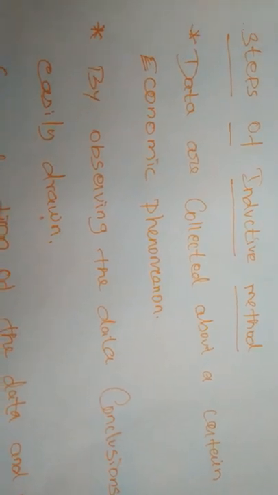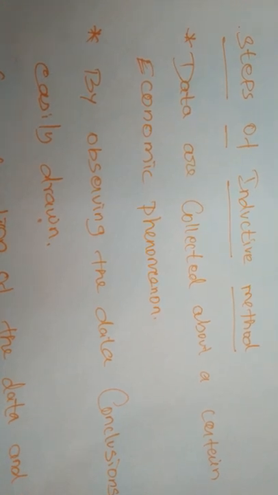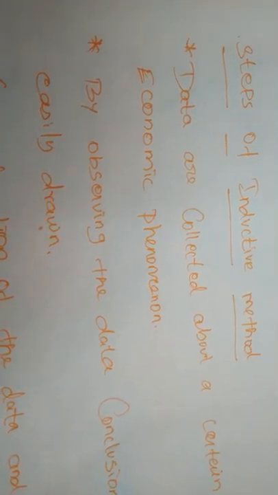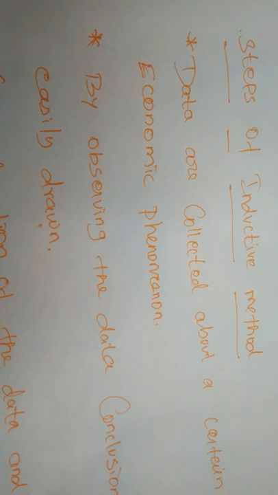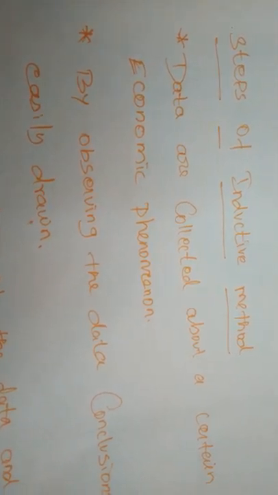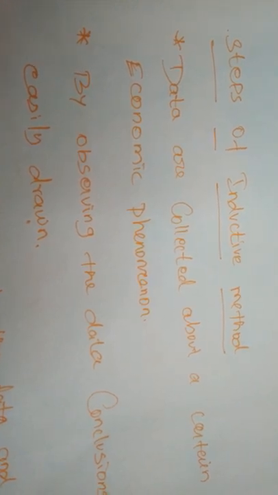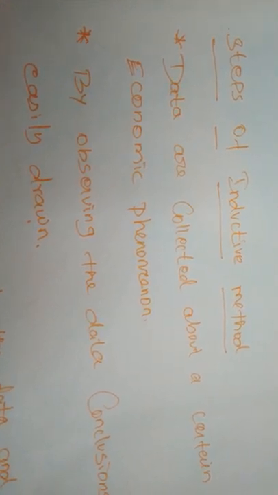Economic phenomenon means the market, so the price determination in different kinds of markets. Otherwise, the demand for food in the future. The demand for food is one of the problems in our future.